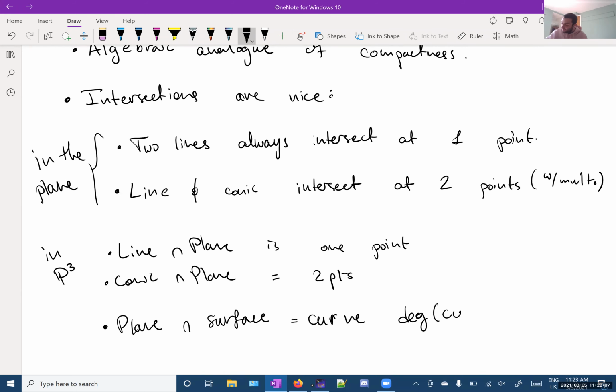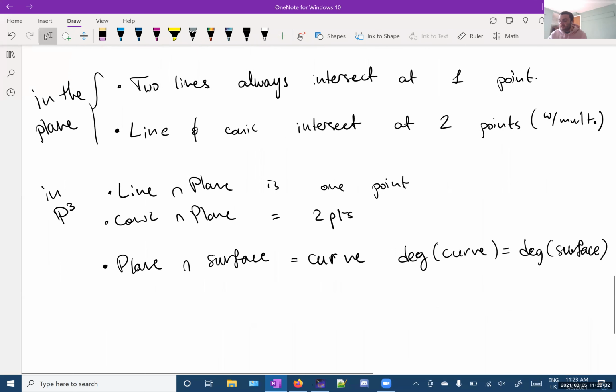Degree of the curve equals the degree of the surface. So for example, 2 planes always intersect as a line. A plane and some kind of degree 2 surface will intersect as a conic curve. A plane and a degree 3 surface will always intersect in a cubic curve, right?